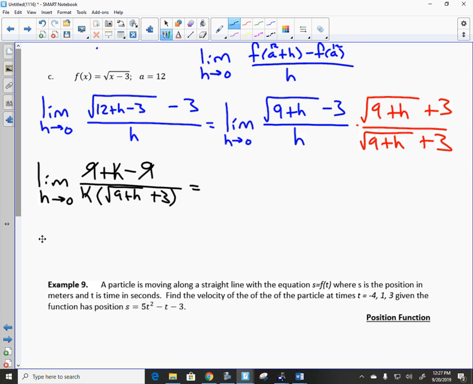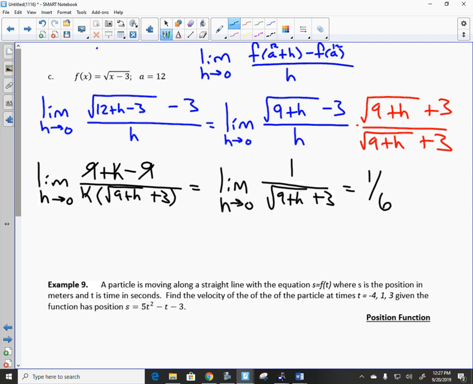Agreed? So you're left with the limit as h approaches 0 of 1 over the square root of 9 plus h plus 3. I can now plug in 0 and not end up with 0 over 0. When you plug in 0, what do you get? 1 over 6.